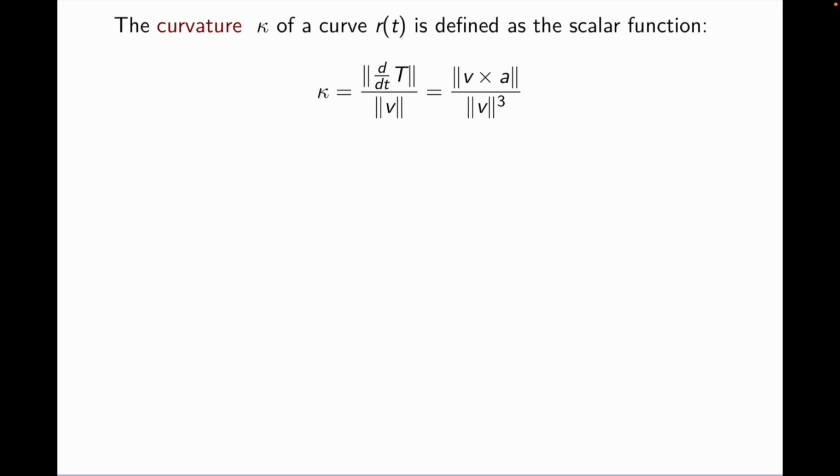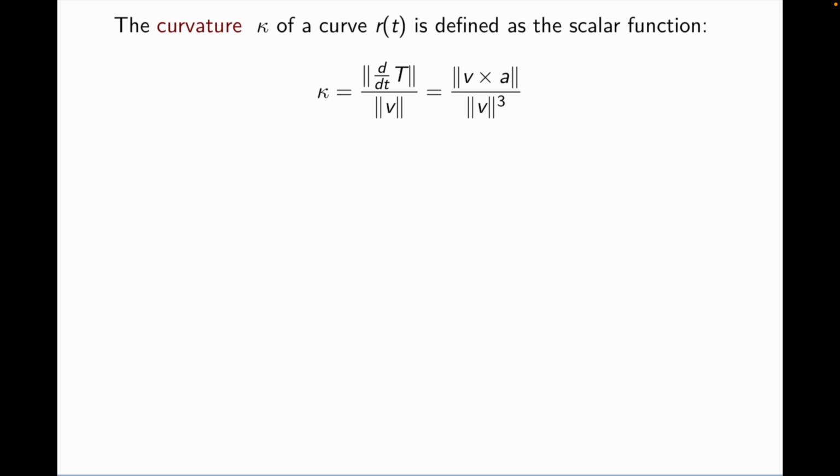Well, the curvature of a curve r(t) is defined as a scalar function. I mean, it's a function that is going to assign a number to each t. It's not a vector-valued function, and it is the derivative of the tangent vector that we were talking about, the norm of that, divided by the norm of the velocity.